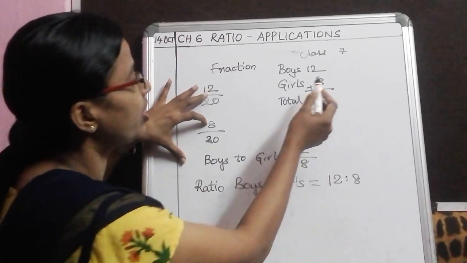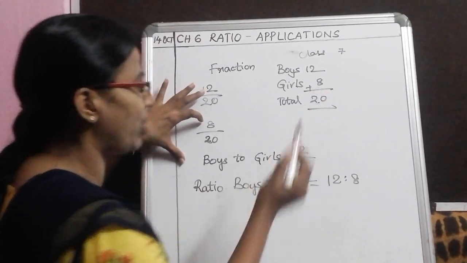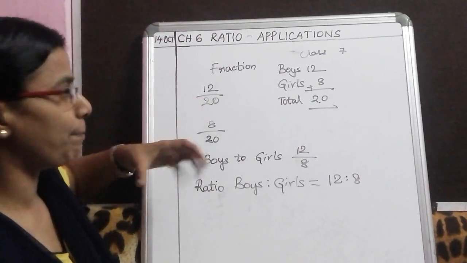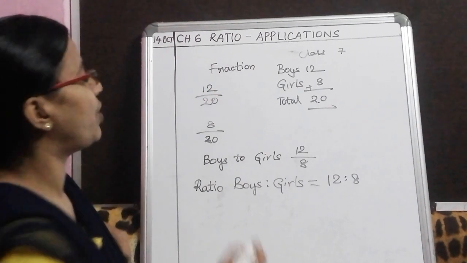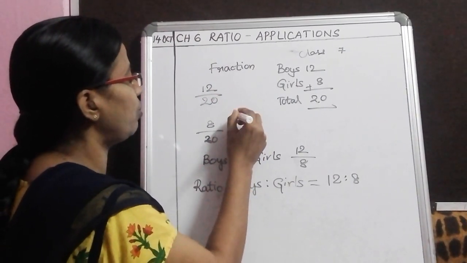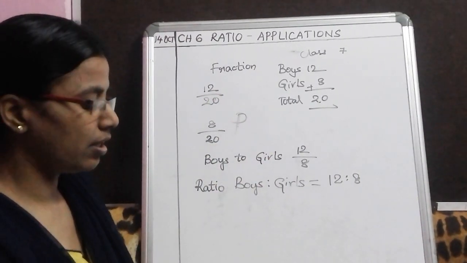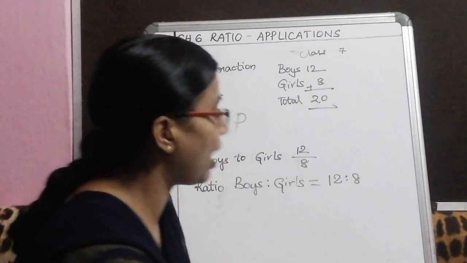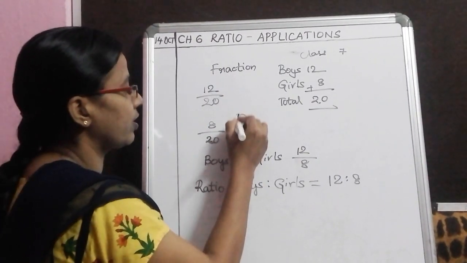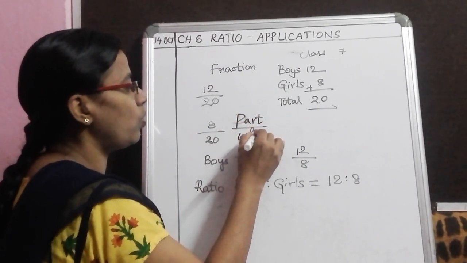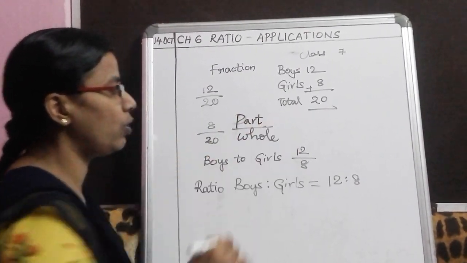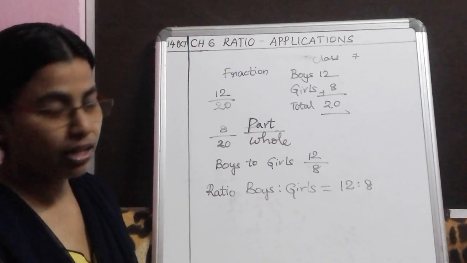So here 8 divided by 20, that is 8 is a part out of the whole 20. Whenever we want to find out fractions, it is a part to the whole. Whatever is the whole, that you are going to take.